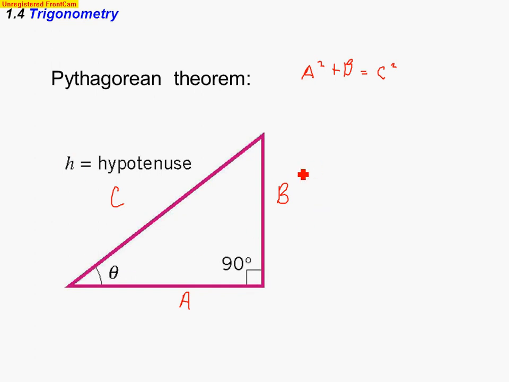This was our opposite side, and this was our adjacent side. So if you wanted, you could still call this a for adjacent, o for opposite, and h for hypotenuse. In that case, this would read a squared plus o squared equals h squared. So whatever symbols you want to use, it works out to be the same equation.